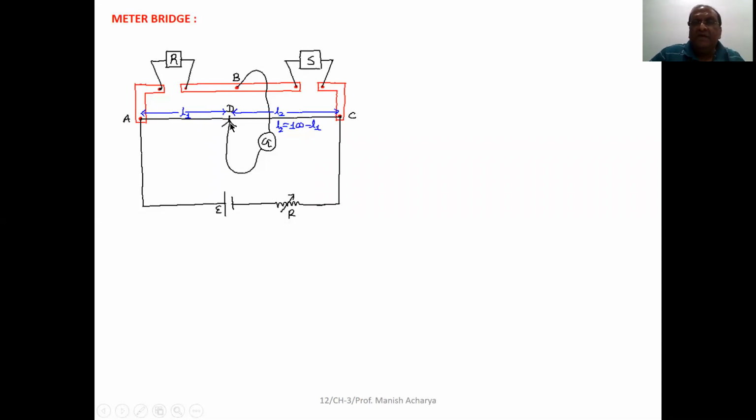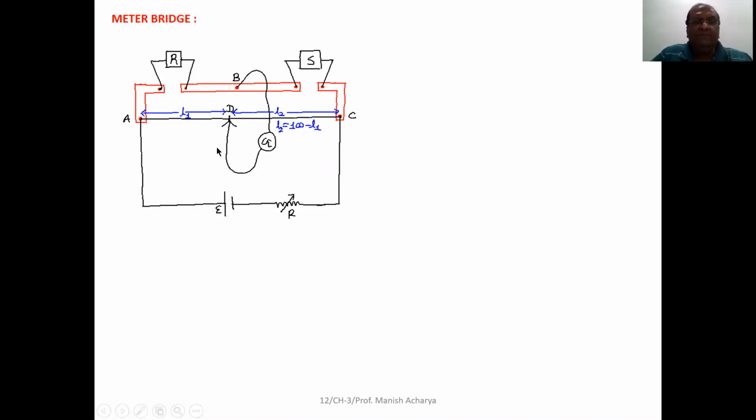Now we have to place the jockey key at such a position so that the galvanometer shows 0 deflection. So suppose at point D, when the key is placed, we are getting 0 deflection in the galvanometer. So we can say the bridge is now balanced.